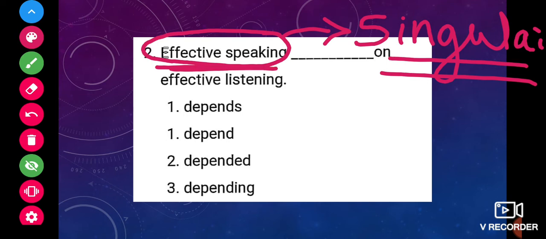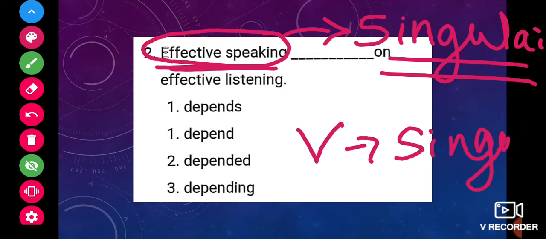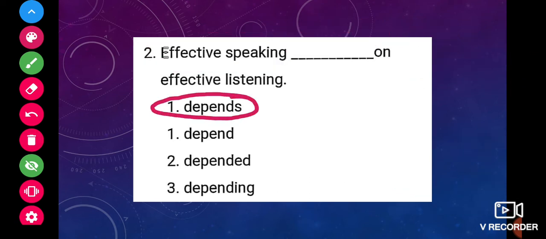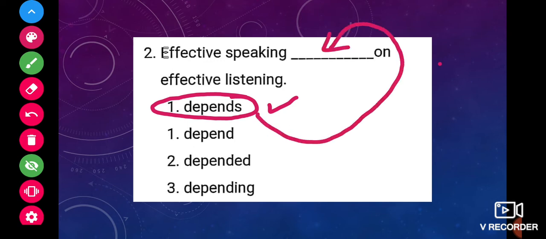As the noun is singular, the verb also will be singular. So let us look at all the options and find the singular verb. As we know, depends is the verb which is singular. So here depends will be the answer.